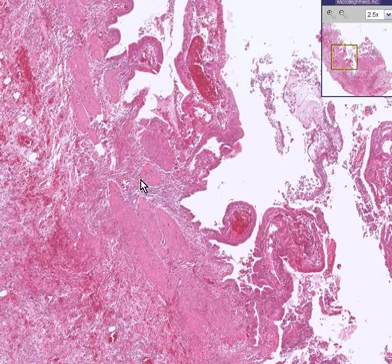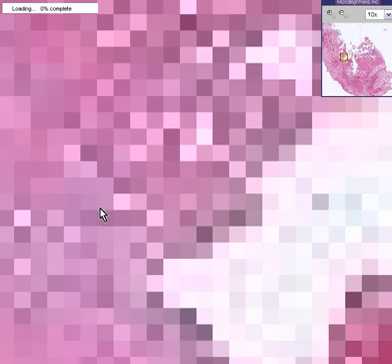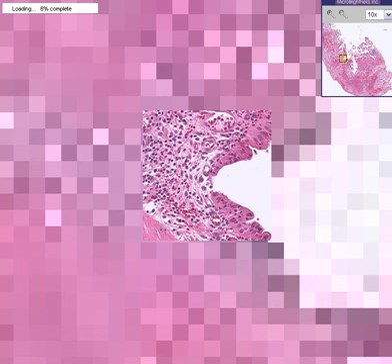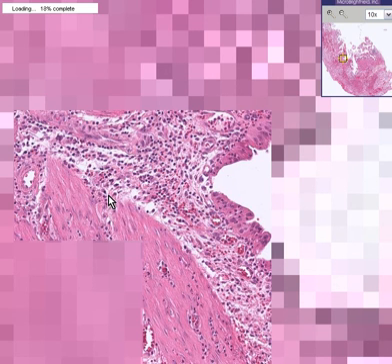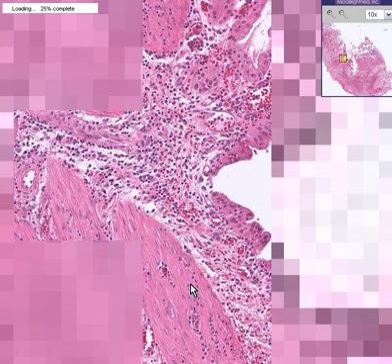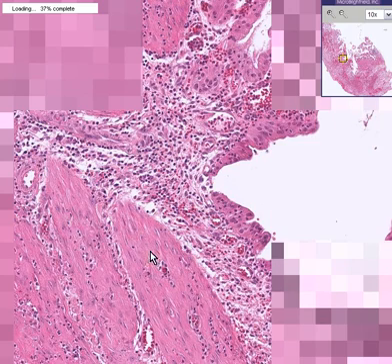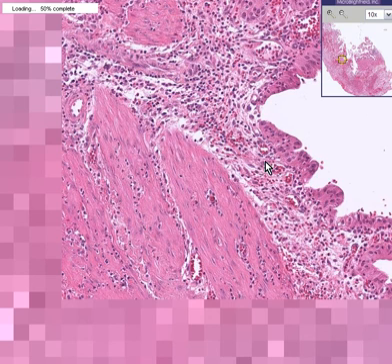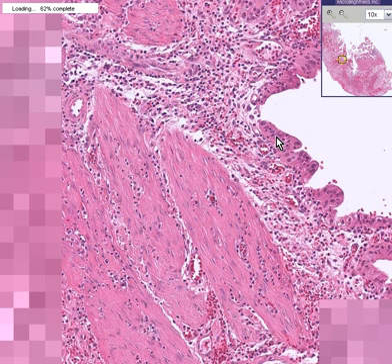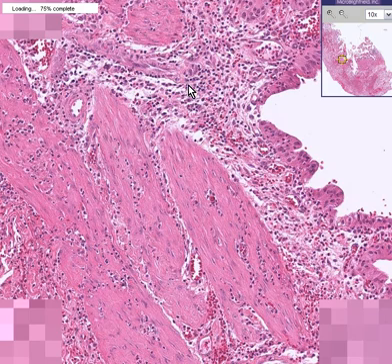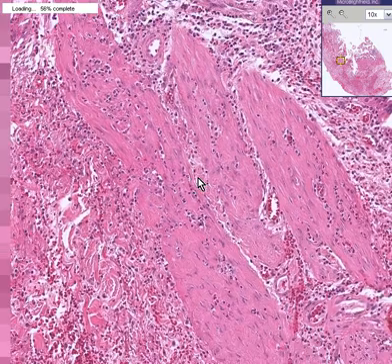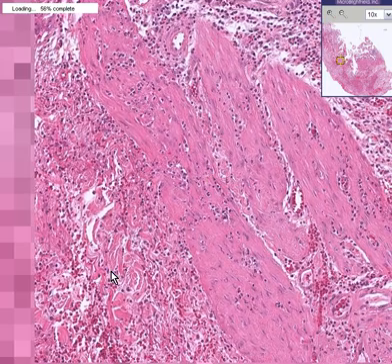Note that the muscular wall also looks like it might be stippled with inflammatory cells. And let's see if we could confirm that. Yes, we can. You can see that these inflammatory cells also are interspersed throughout the muscular layers as well as throughout the mucosa, and as well as in the space between the epithelium and the muscle layers, and all throughout the wall.